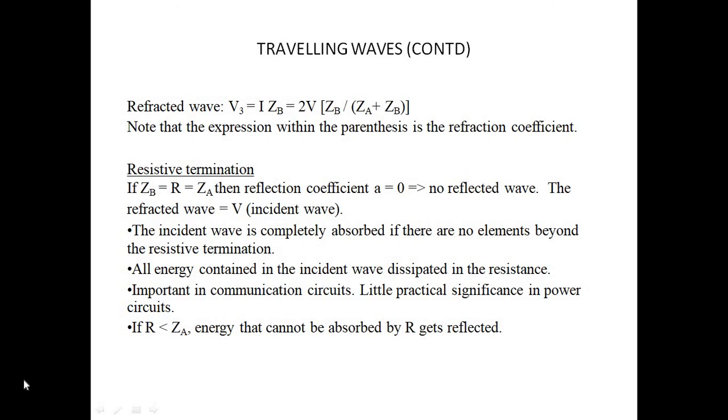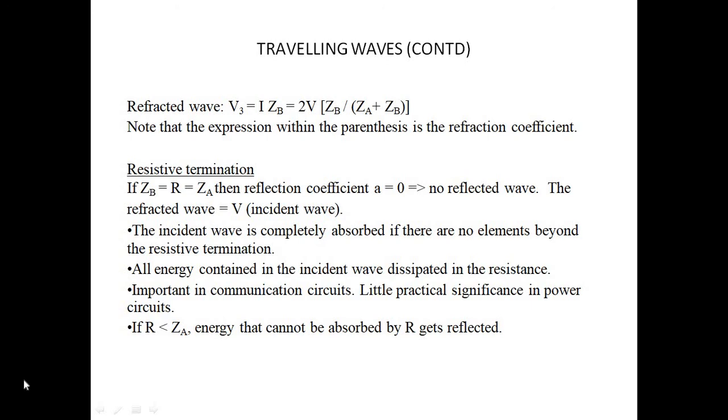Note that the expression within the parenthesis is the refraction coefficient. Resistive termination: if ZB is equal to R, which is equal to ZA, the reflection coefficient A is equal to 0, so there is no reflected wave.